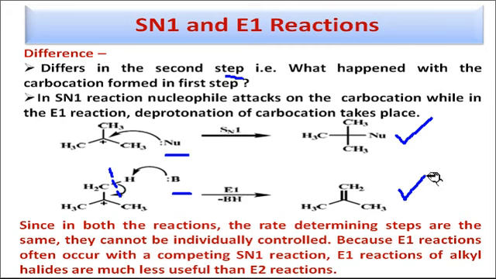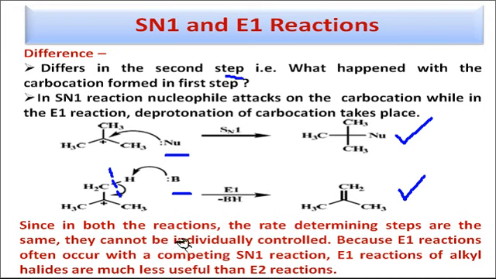So the first step is the same in both of these reactions, that is the generation of the carbocation, while the second step differs. In the second step of the SN1 reaction, formation of the substituted product takes place, while in the elimination reaction, elimination of the H plus takes place in the second step, which results in the formation of the alkene or the unsaturated hydrocarbon.